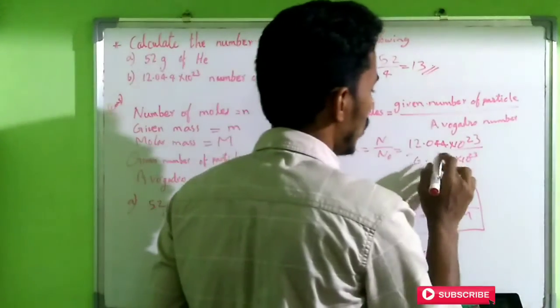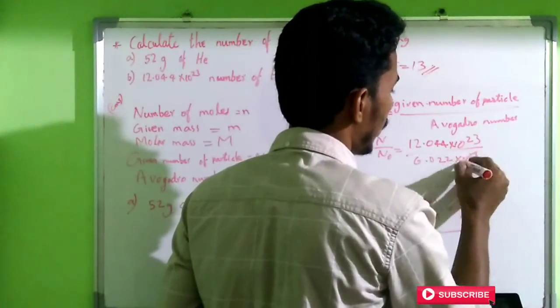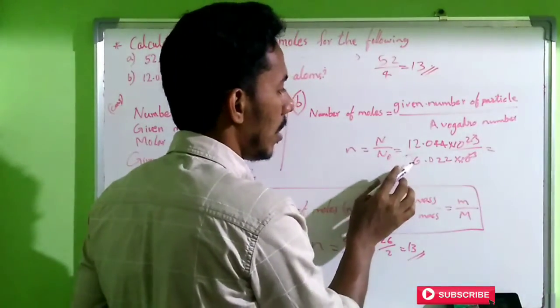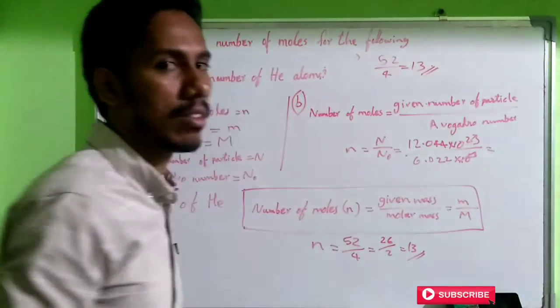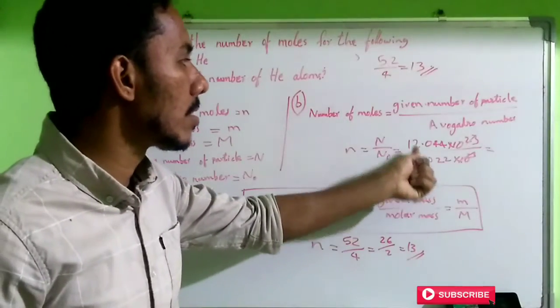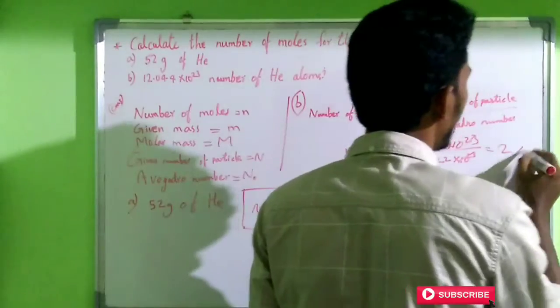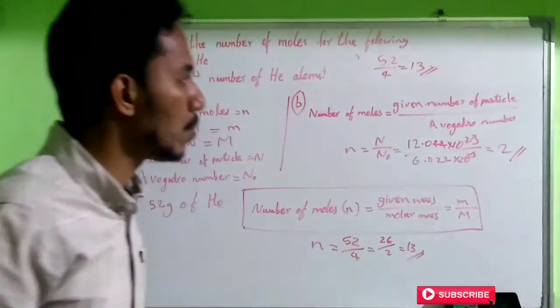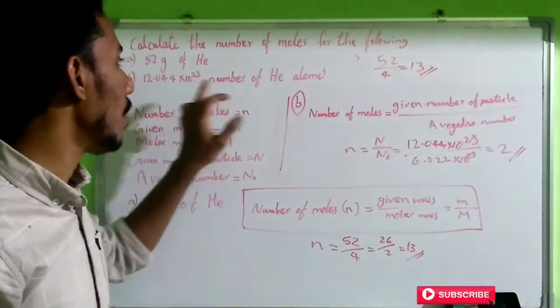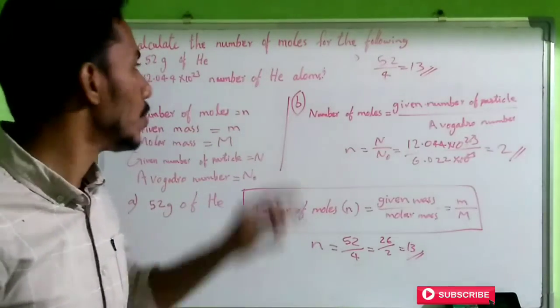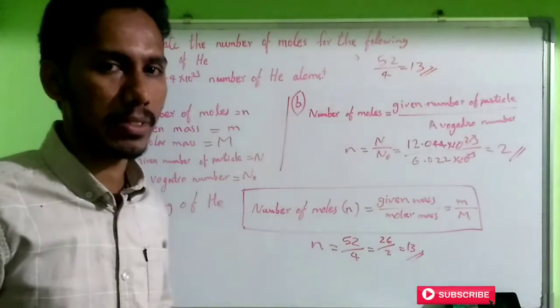So just cancel it. This cancels, and it is the double of this. Answer is 2. 2 moles of helium is present in 12.044 into 10 raised to 23 number of helium atoms.